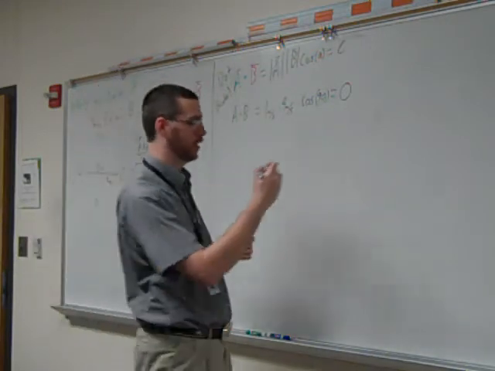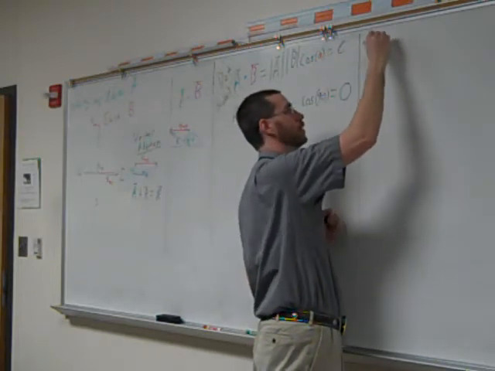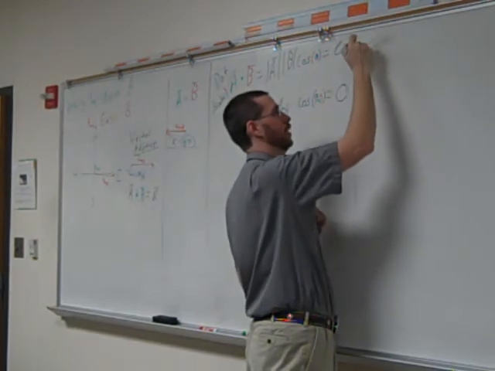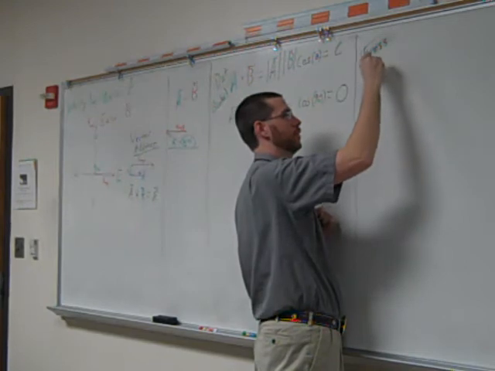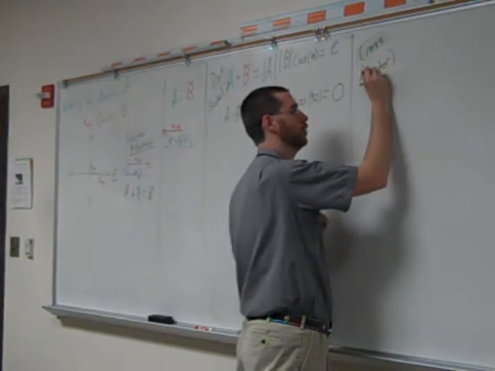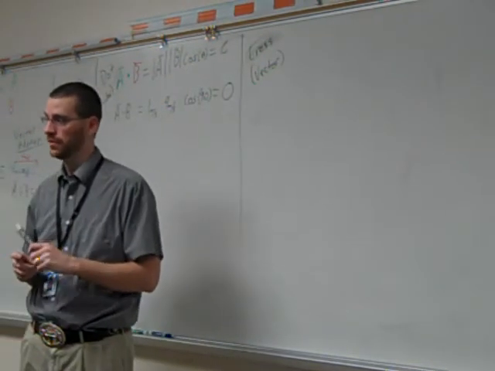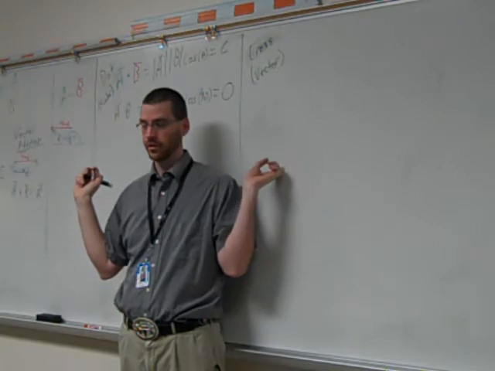So for the vector product, do it the same way. Cross product, C-R-O-S-S. When you do this, you get a vector as your answer, and that's the key difference. They're both multiplication, but this one gives you a scalar and this one gives you a vector.